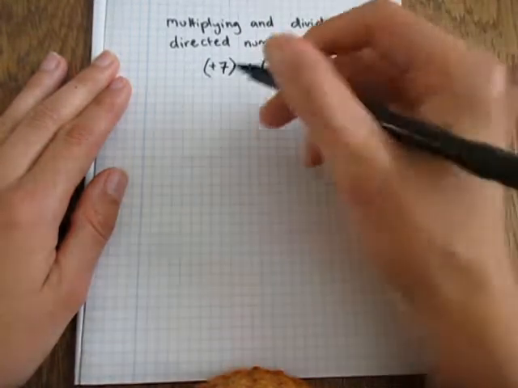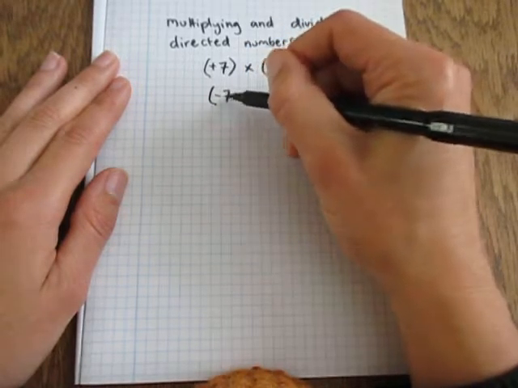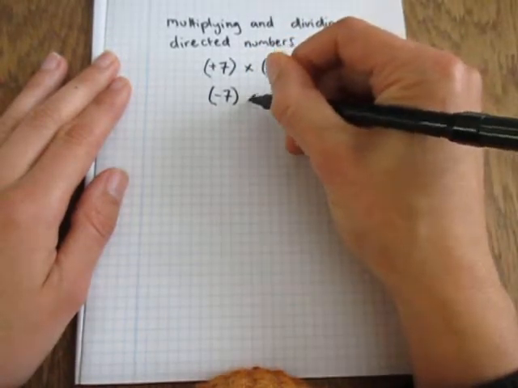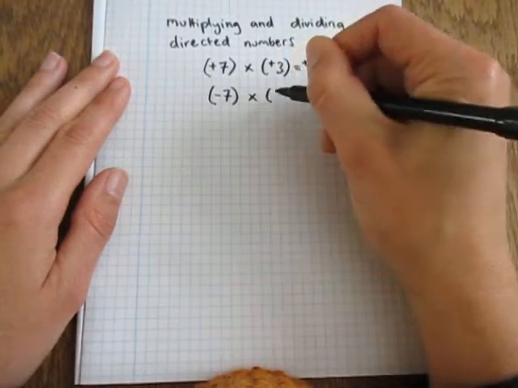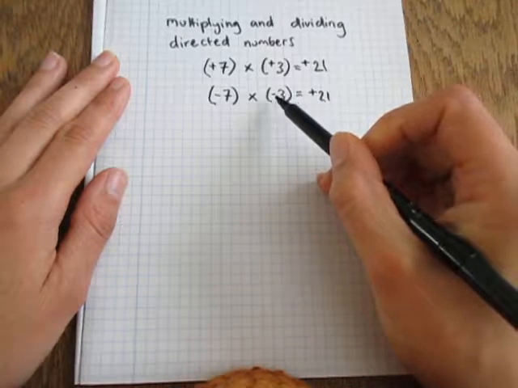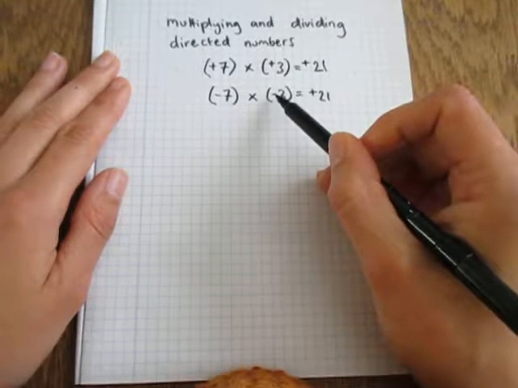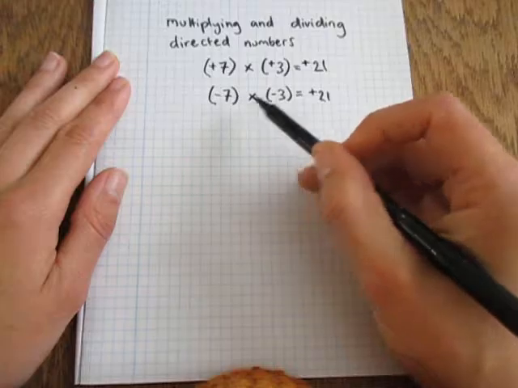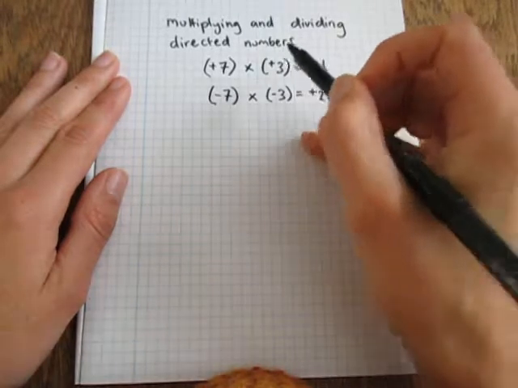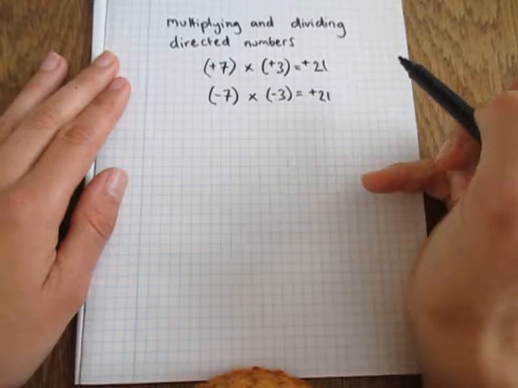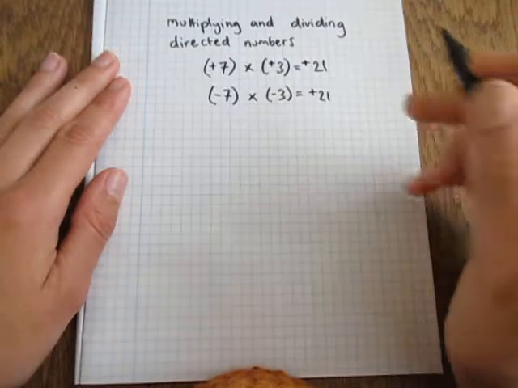This is also true for two negative numbers. Negative 7 multiplied by negative 3 is equal to positive 21. So any two numbers with the same sign that are multiplied together give a positive.